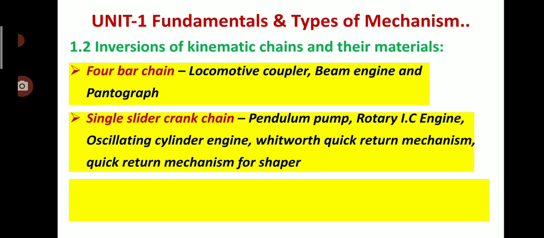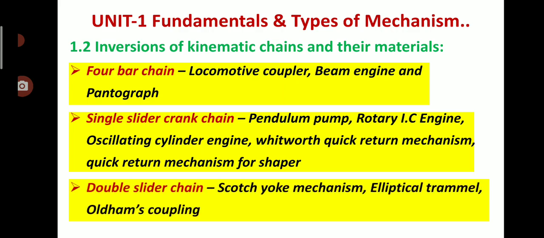Second inversion is single slider crank chain, and the examples of this are pendulum pump, rotary IC engine, oscillating cylinder engine, and Whitworth quick return mechanism for shaper. Third is double slider crank chain, and the examples are Scotch yoke mechanism, elliptical trammel, and Oldham's coupling.